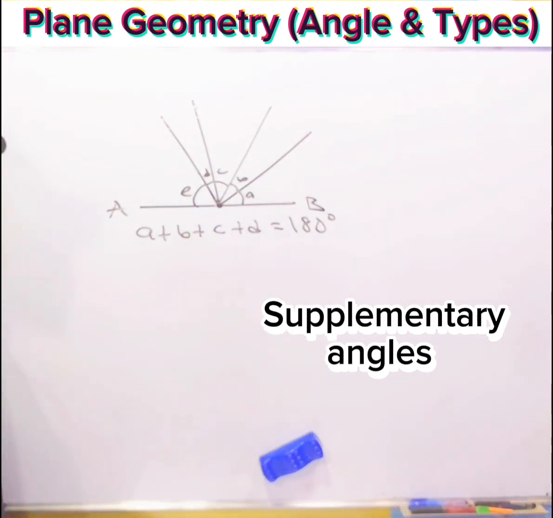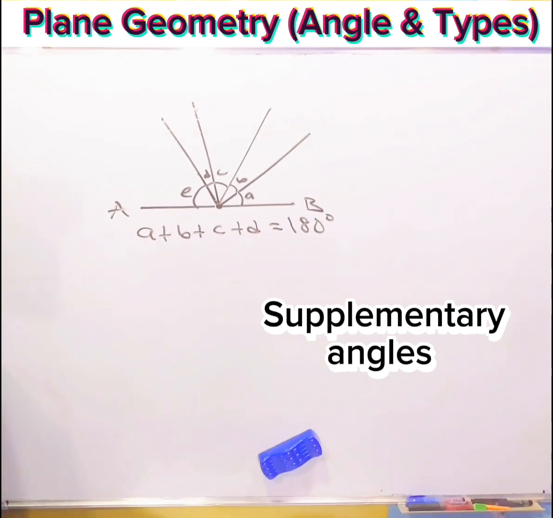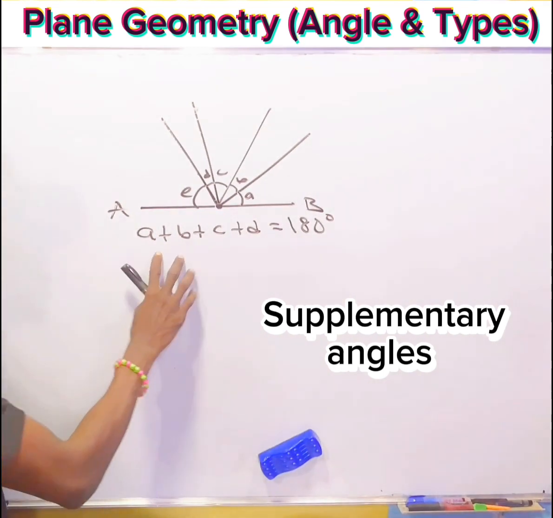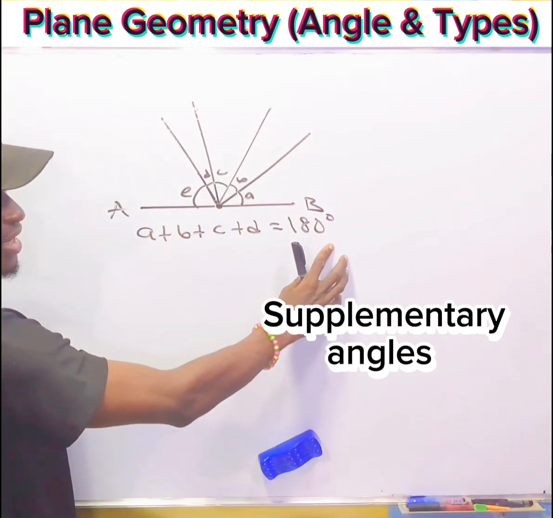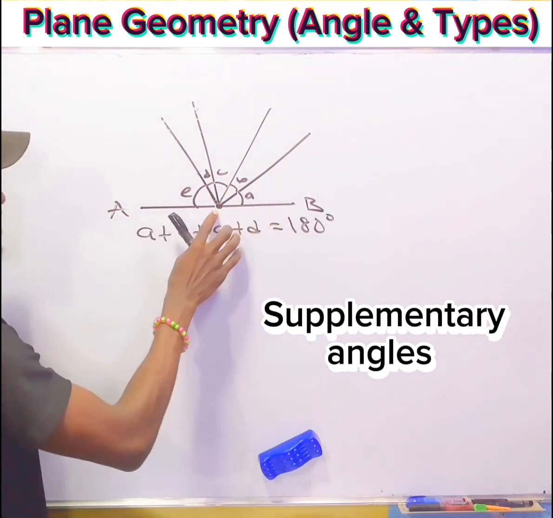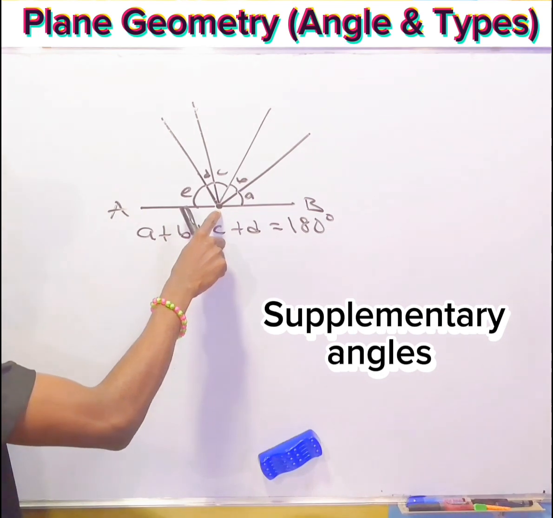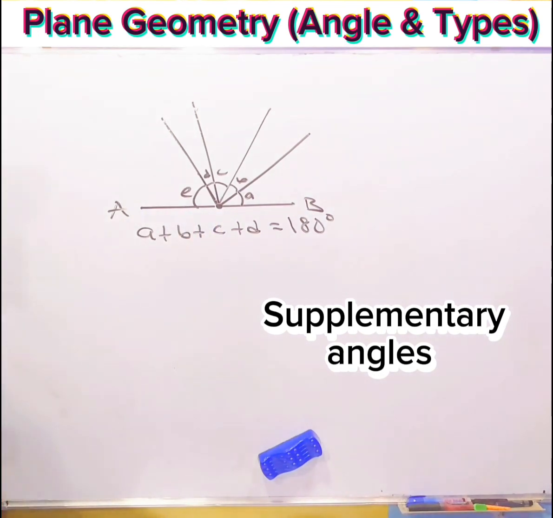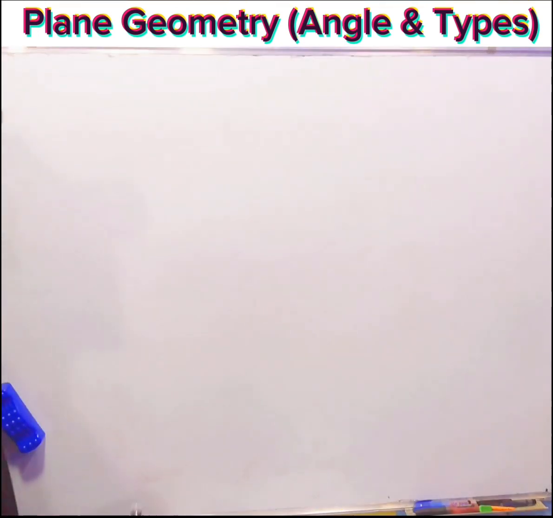We can also refer to this as a supplementary angle, which is angle that sums up to give us 180 degrees. And they are gotten from what? From a straight line that has angles that are adjacent to each other.